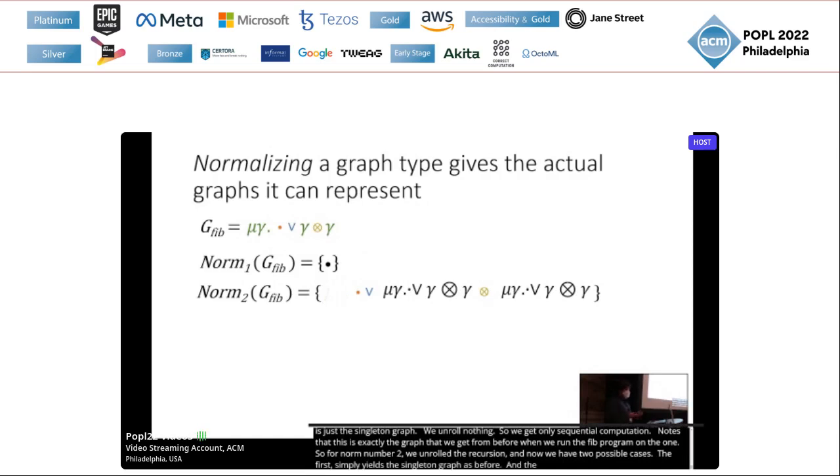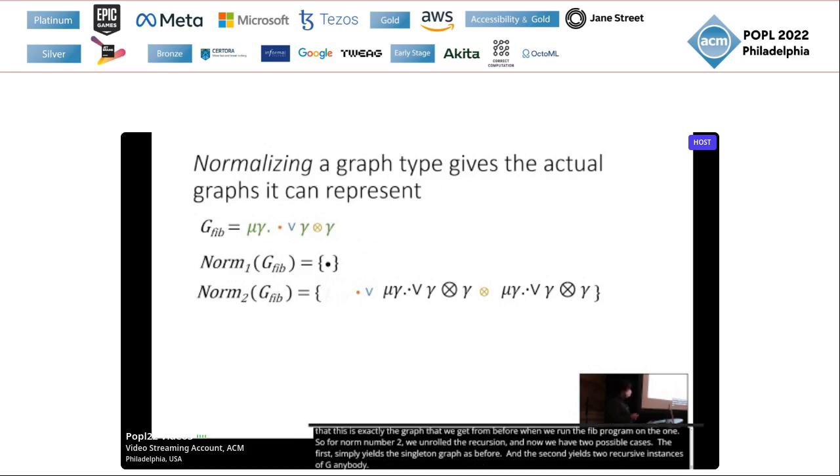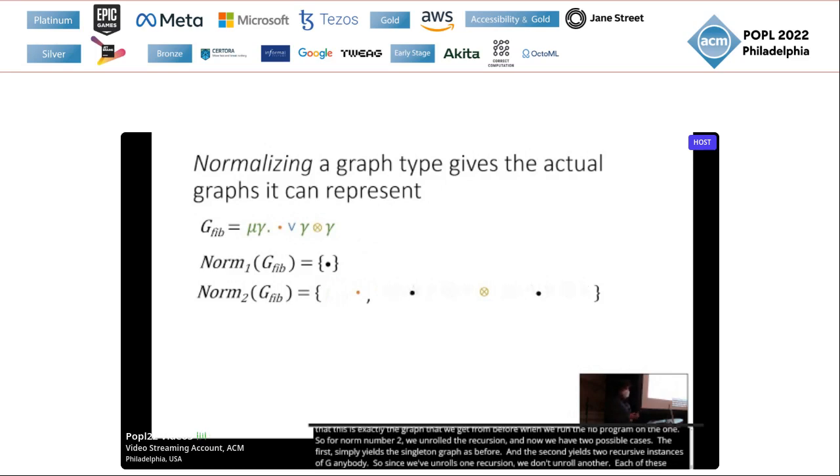So since we've already unrolled one recursion, we don't unroll any further. We decrement this index. And so each of these just bottoms out to the singleton graph, which we then compose in parallel. So now we are left with two graphs, the singleton graph and two singleton graphs composed in parallel, which are exactly the two graphs that you can get from running fib on 1 or 2. And we can continue going like this.